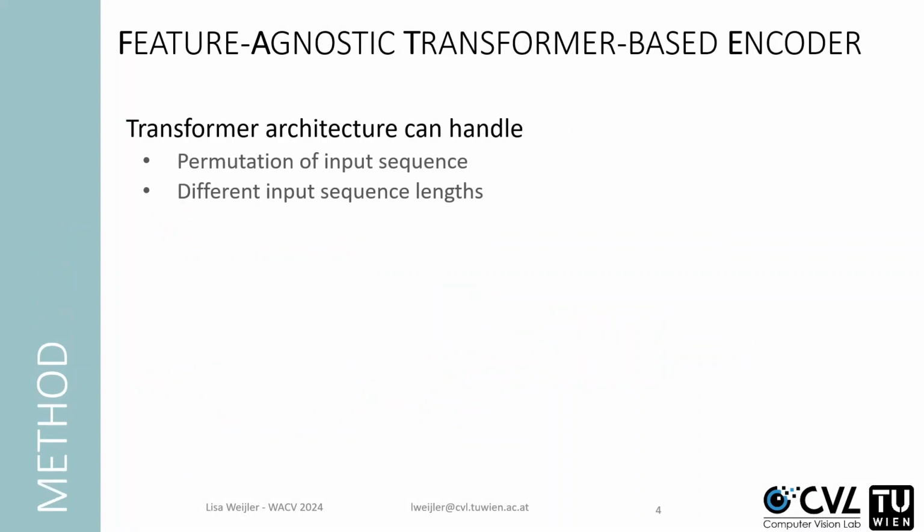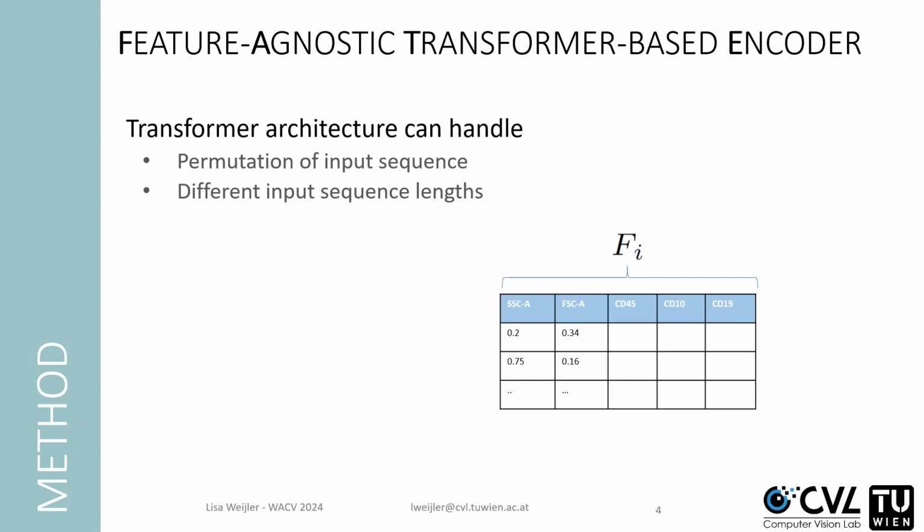So how did we do it? In general, we exploit the characteristics of the transformer architecture, namely that it is equivariant to permutations of the input sequence and can handle different sequence lengths. We exploit those properties in two ways. First, to be able to process events with different numbers and ordering of features, and second, to be able to process samples with varying amount of events.